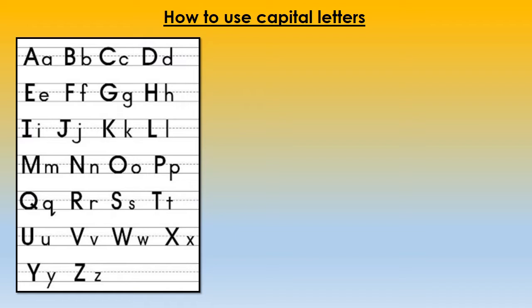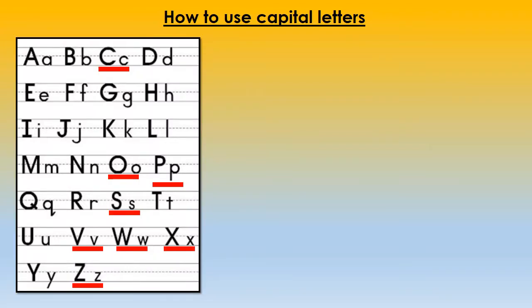Here I would like to remind you there are a few letters where the capital and the small letter are similar to each other, but they are different in size. Here you can see them.